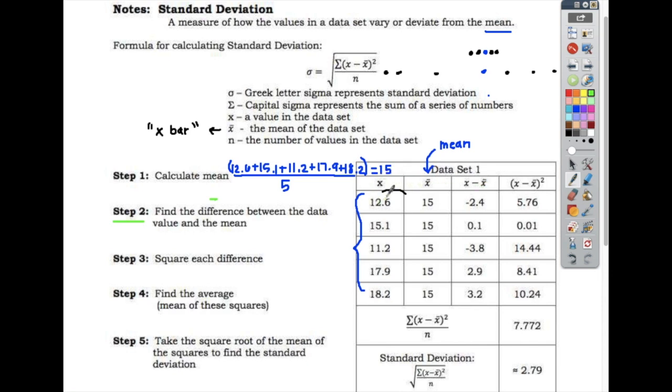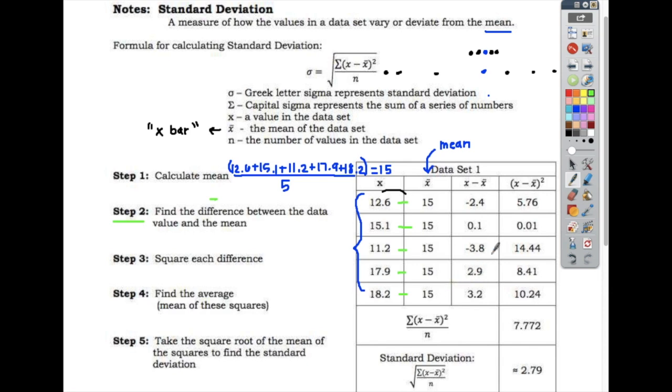So the value minus the mean: 12.6 minus 15 gets us negative 2.4. 15.1 minus 15 gets us 0.1. 11.2 minus 15 is negative 3.8. 17.9 minus 15 equals 2.9, and 18.2 minus 15 equals 3.2. Okay, so that is step 2.